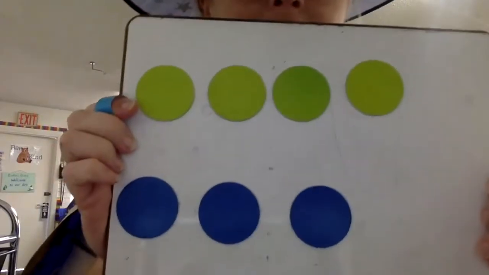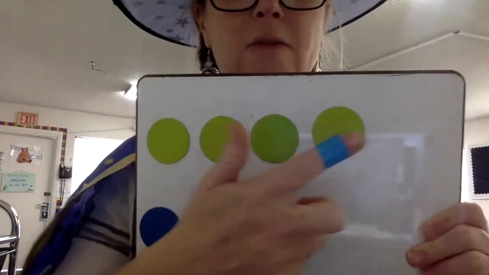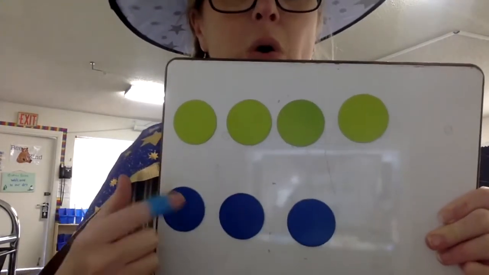So I'm going to erase my matching line and I'm going to switch this up a little bit. And now let's look. We're going to compare the green and the blue. Let's see how many. 1, 2, 3, 4 green. How many blue? 1, 2, 3 blue. Is there a greater number of green, which means more, or less than, which means smaller?